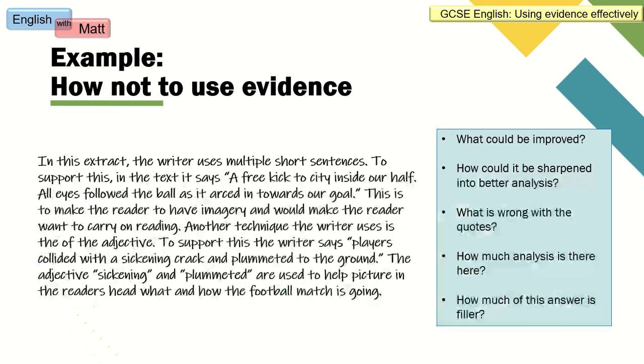So here's another example of how not to use evidence. There are things which are wrong with this paragraph in terms of how they have used references from the text. On the right hand side, I've got some questions that might prompt discussion or prompt you to look at this example critically.